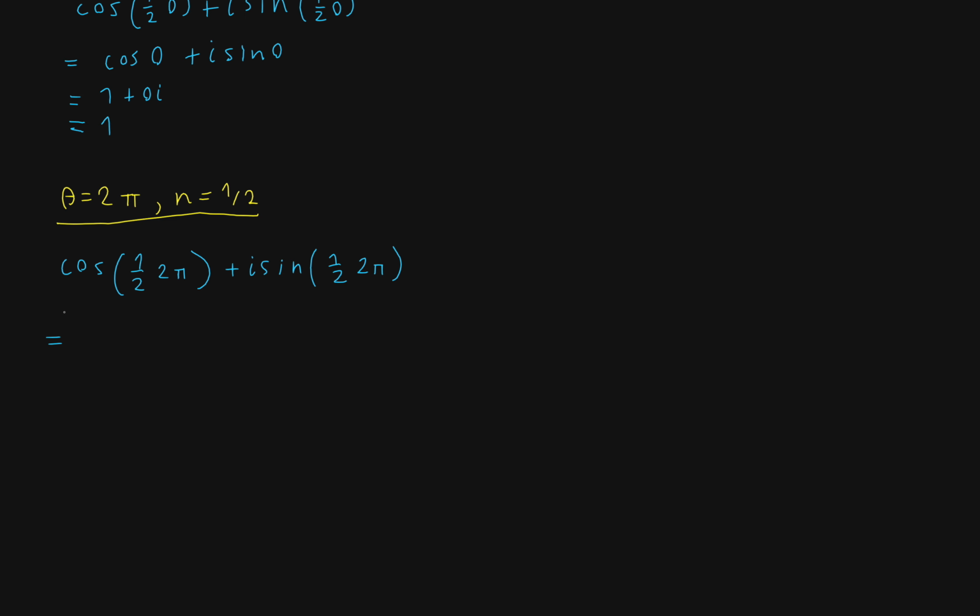And so these are actually going to cancel out, and what we're going to get is cosine pi plus i sine pi. Cosine of pi is -1. Sine of pi is still 0. So our final answer is going to be -1 plus 0i, which is just -1.